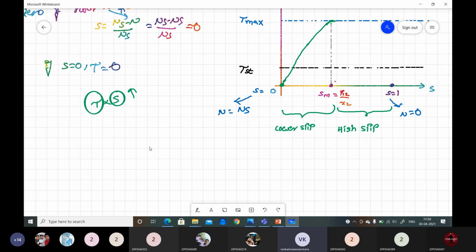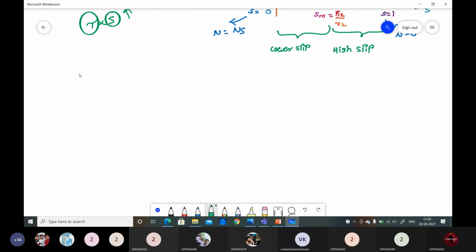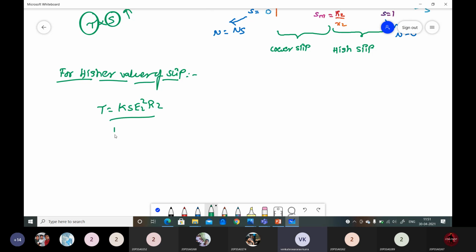Now for higher values of slip, the same expression for torque, tau equal to Ks E2 square R2 by (R2 square plus Sx2) whole square. Now suppose the slip is very high.